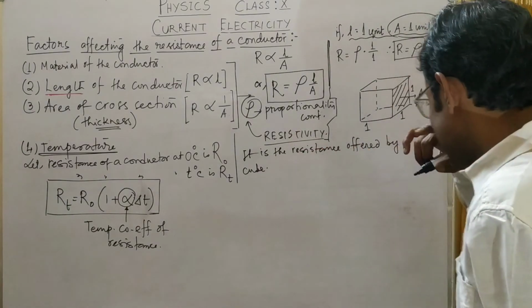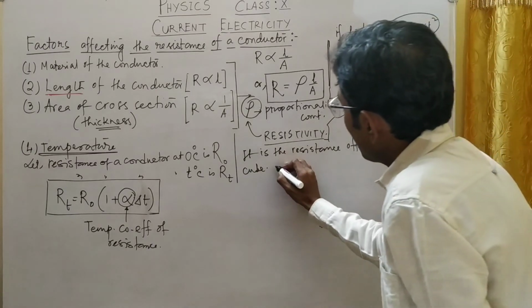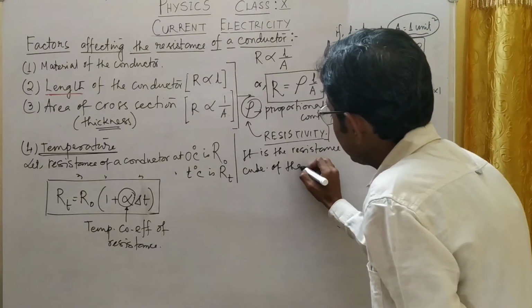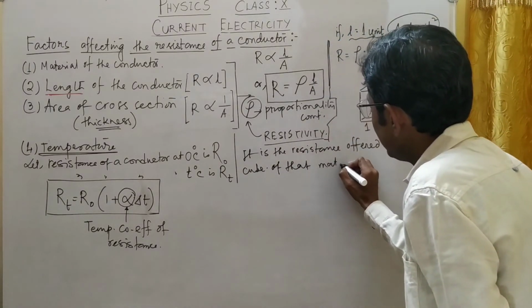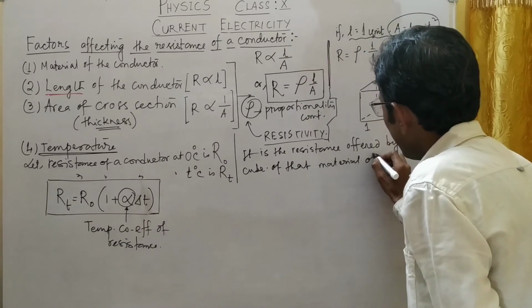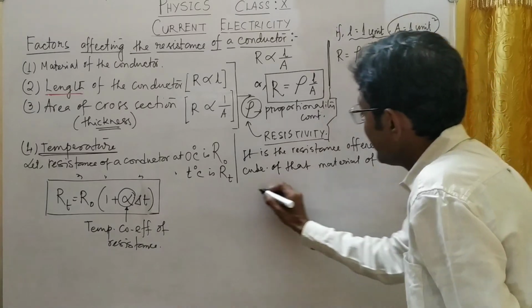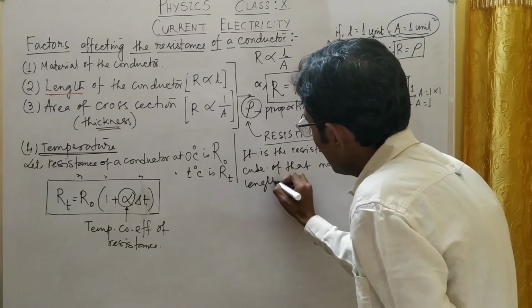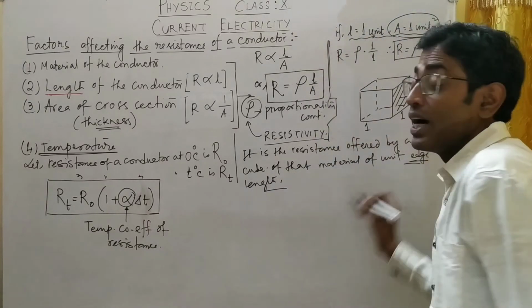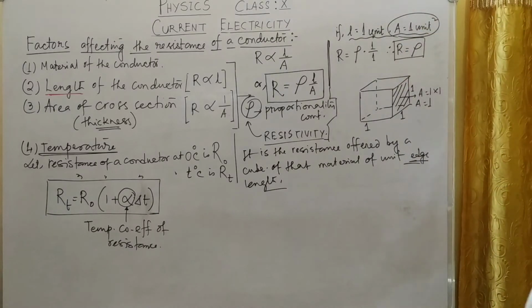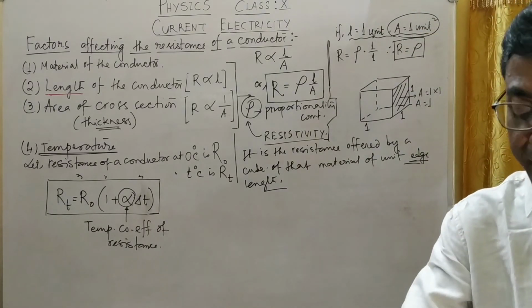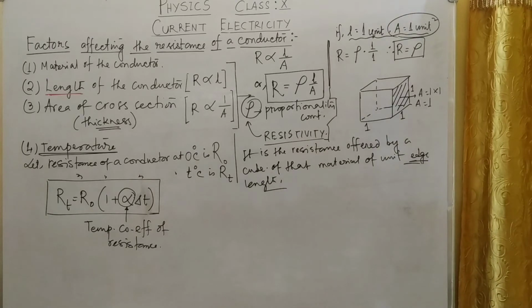So it is the resistance offered by a cube of that material of unit edge length. What is unit edge length? 1 meter, 1 centimeter, like that. So these are the few factors which affect the resistivity of a conductor. A very important thing.